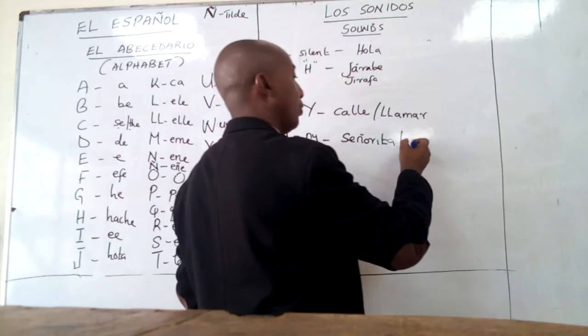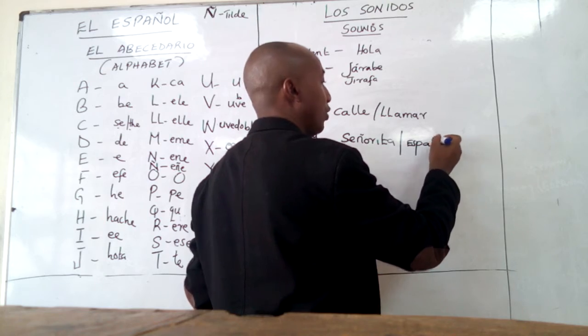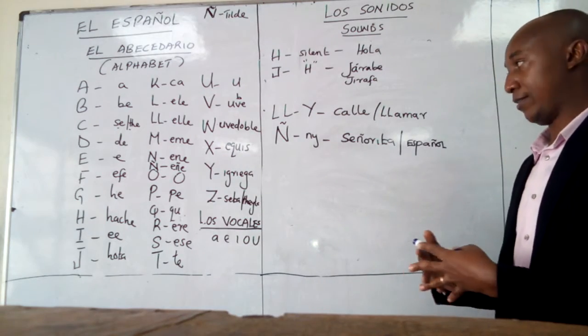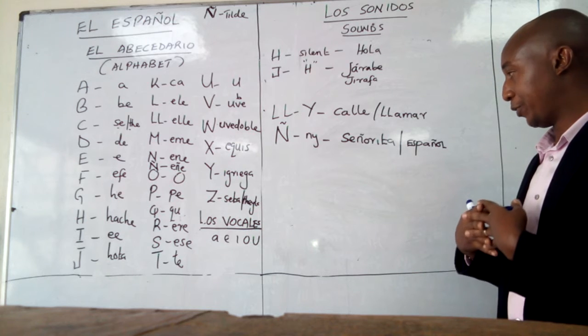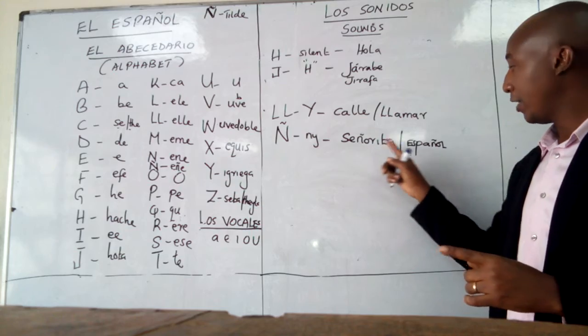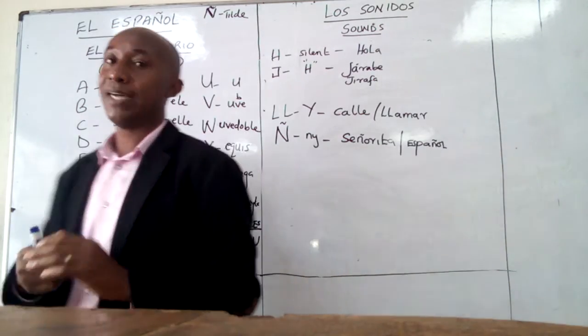And we have what we call español. So español is the language. It can also be used as an adjective to describe a man from Spain. Español and señorita. That is very important to understand as a learner.